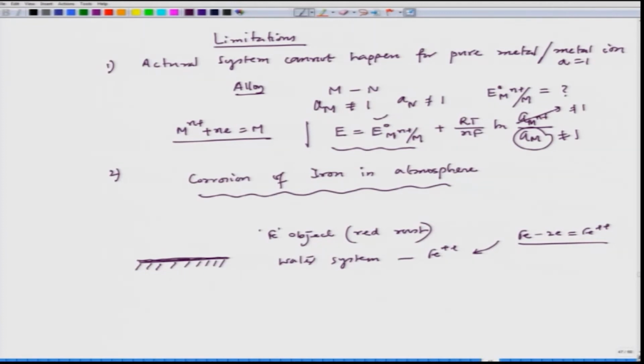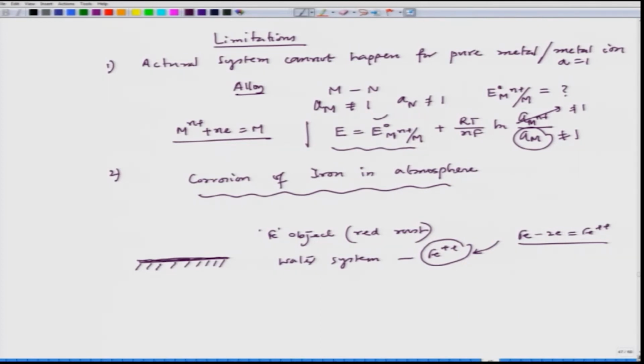So the standard reduction potential we cannot calculate, because the activity of this iron ion in the beginning is not 1. Rather, the activity of this iron ion in the beginning, where water does not contain any iron ion, is 0. There is nothing.